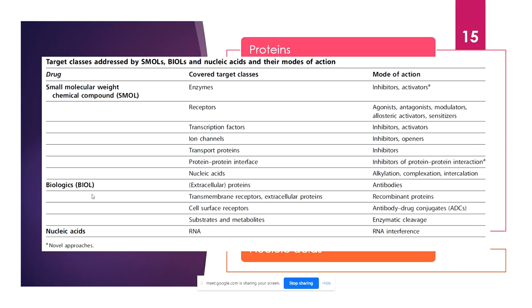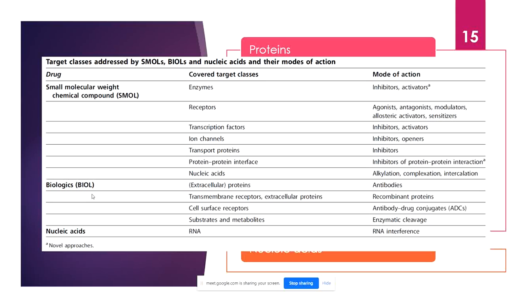Okay, and finally you have the nucleic acid drugs, and those are generally the RNAi, that is RNA interference. What they do is simply bind to the mRNA and degrade it, they silence the mRNA. And if your mRNA gets silenced, then obviously it's not going to translate into proteins. So in one way you are actually limiting the production of proteins.